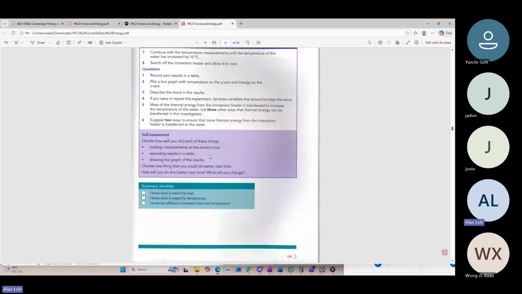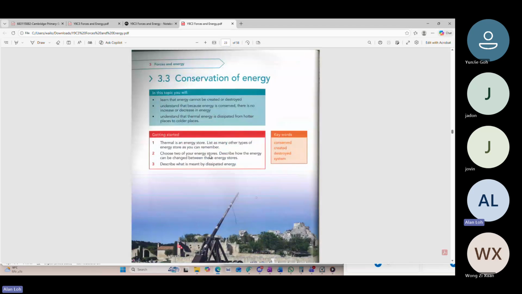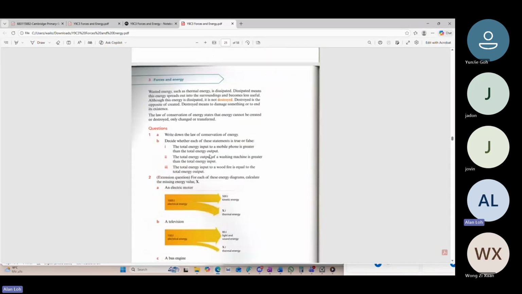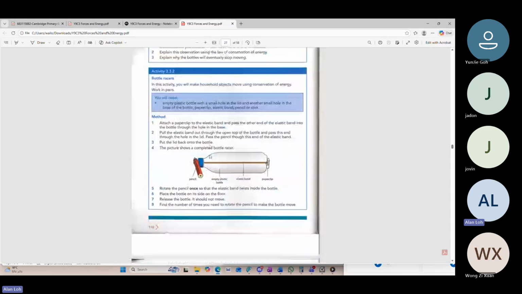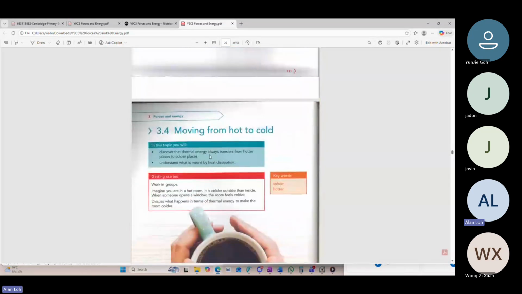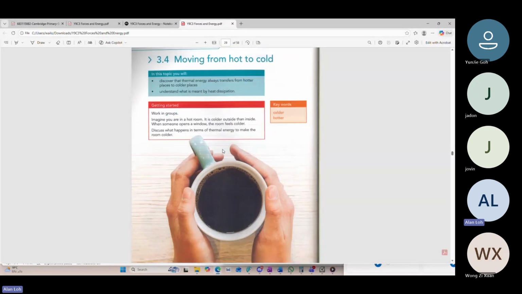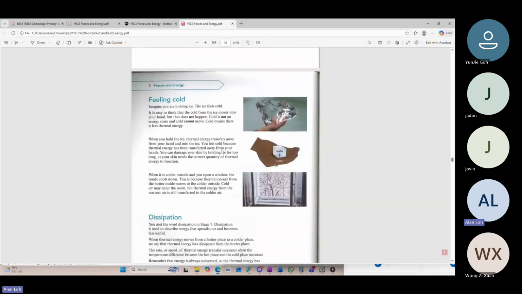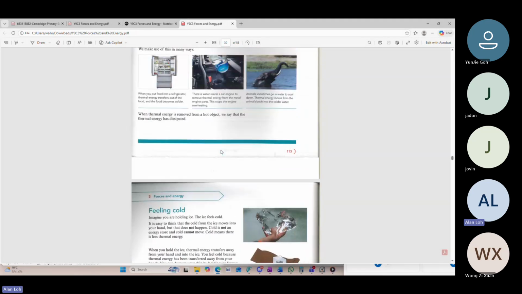Then the next drawer is talking about the conservation of energy. This is the Elise story, right? So we have these calculations. Then we have the transfer of energy, which is the Captain Cristiano Ronaldo, right? You are feeling the heat. How do you feel the heat? Because of I think there are some over here.